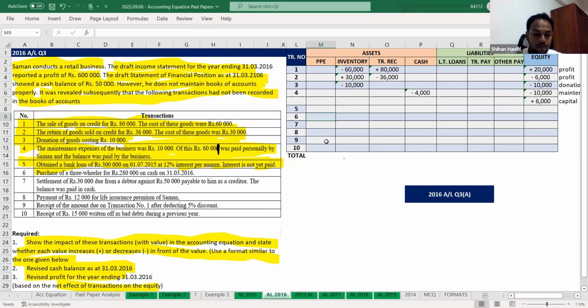Right. So when you obtain a bank loan, we get cash. Cash will increase and the liability will increase. Then interest.